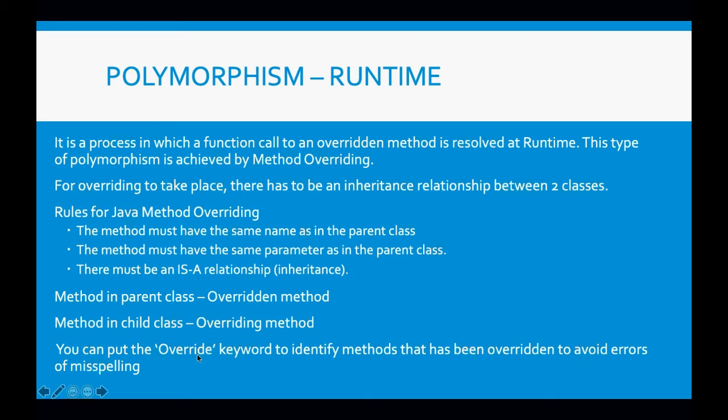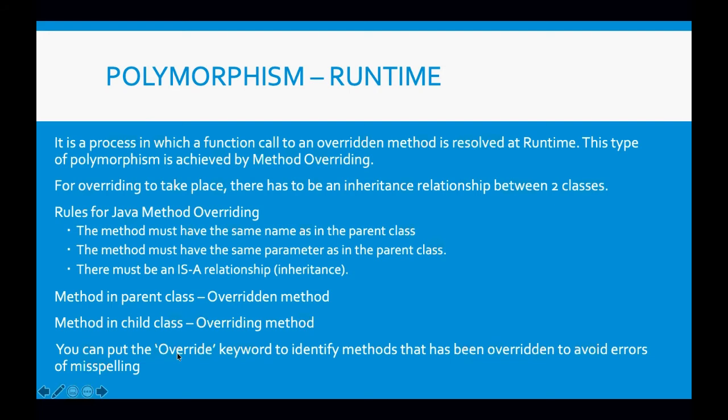Java adds it for you, but for you to be sure that you're actually overriding something, you can use the override keyword, because IntelliJ actually does this for you automatically. But if you make a mistake and IntelliJ or the compiler cannot find it, you can just write override, and it throws an error, and you can see that, okay, I've made a mistake, I'm going to change that now. So you can put the override keyword.